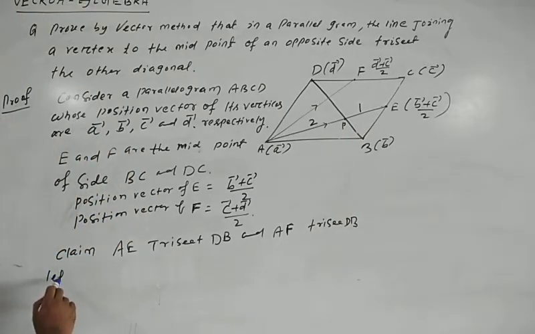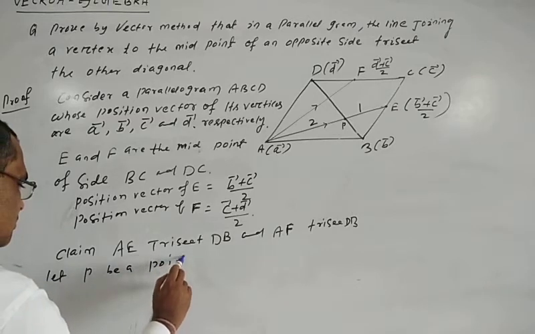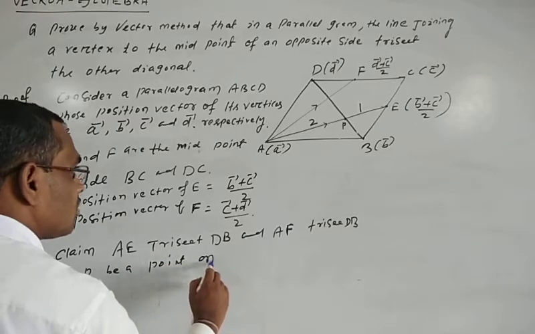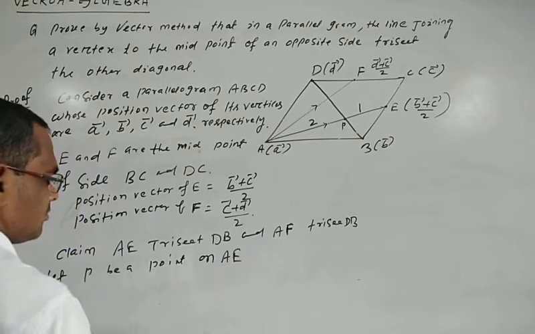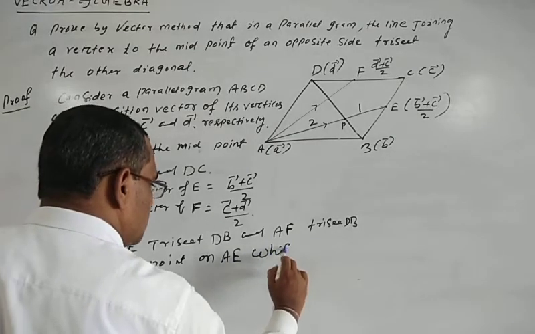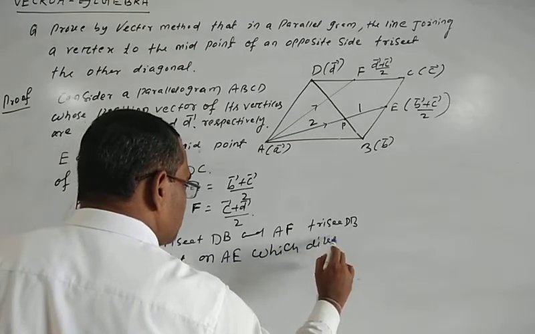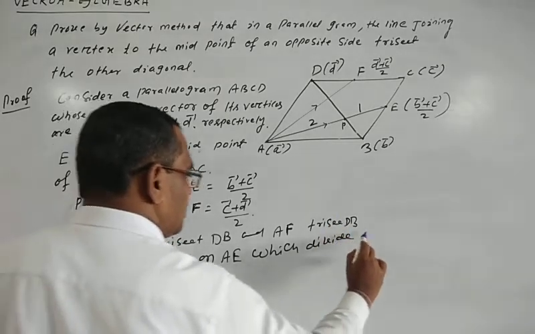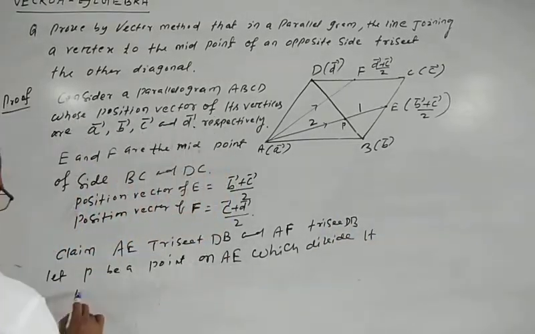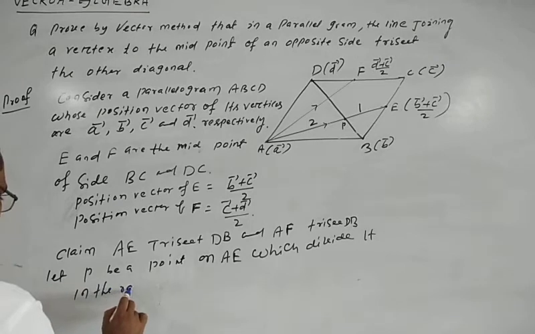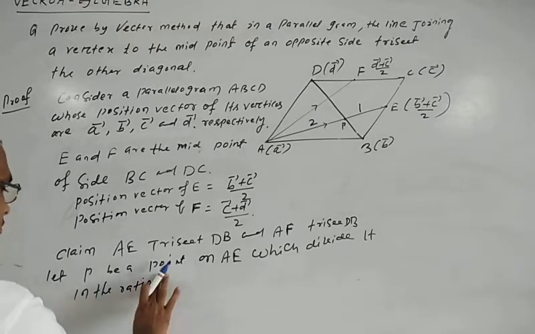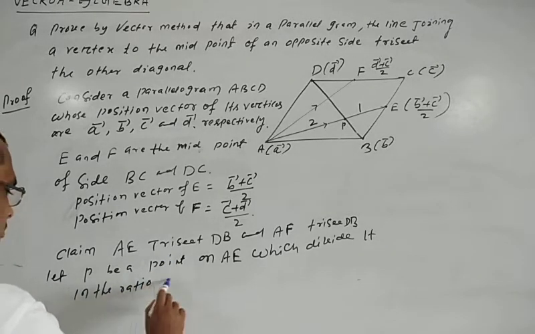Let P be a point on AE which divides it in the ratio 2:1.